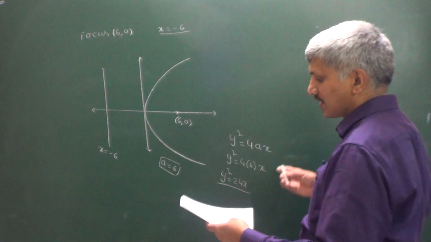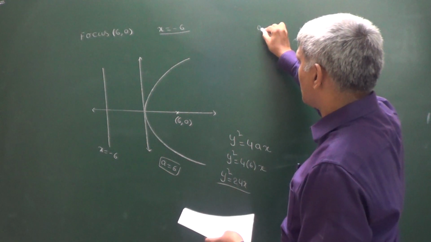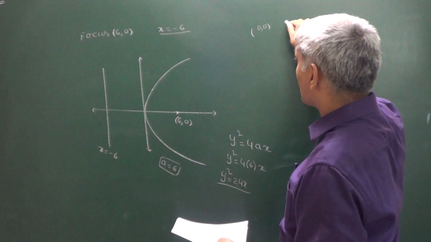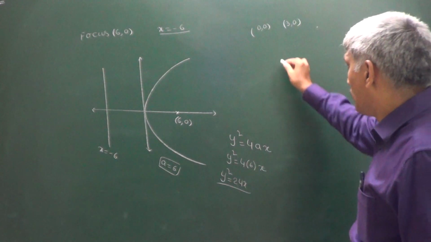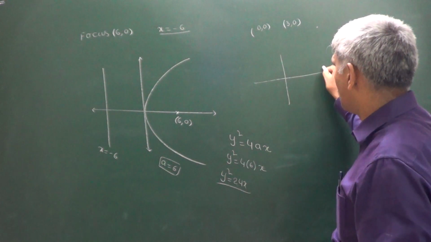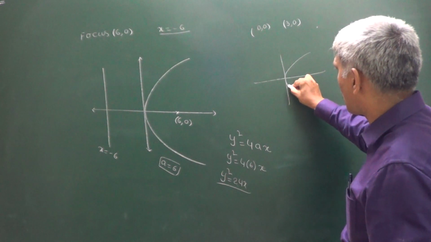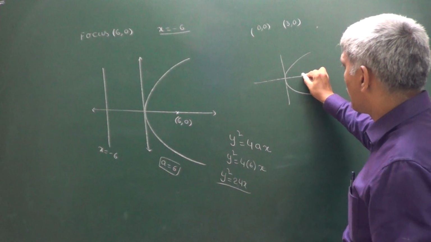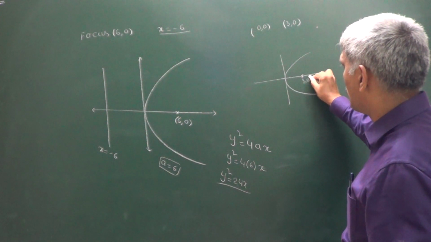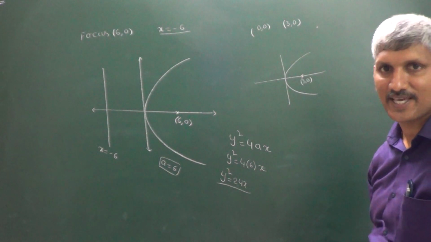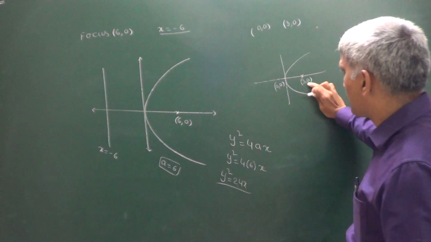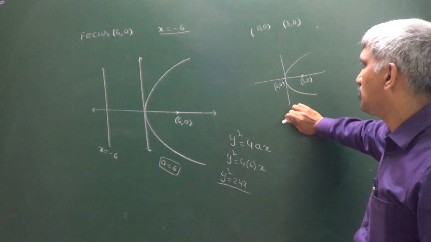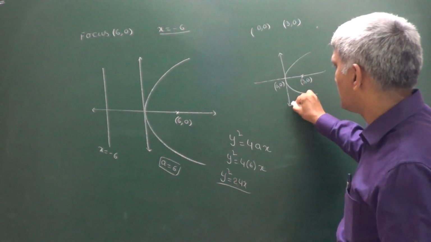Next question they are asking like this. The vertex is given as (0, 0) and the focus at (3, 0). Yes, the same. The vertex is at (0, 0), but they have given the focus as (3, 0). Now the parabola is like this.